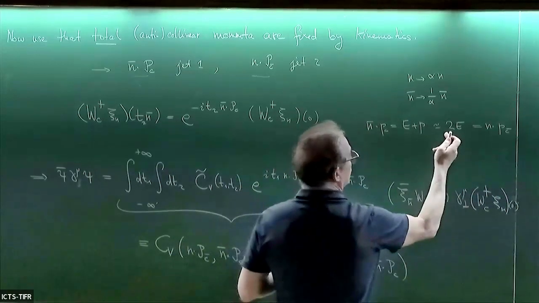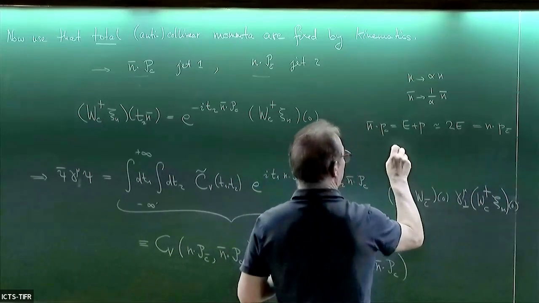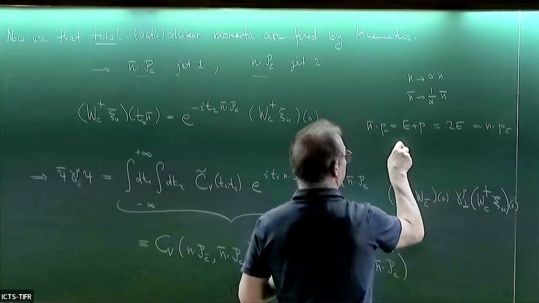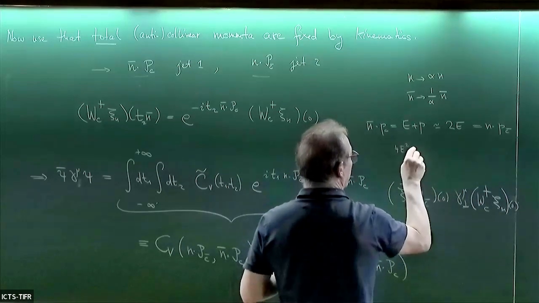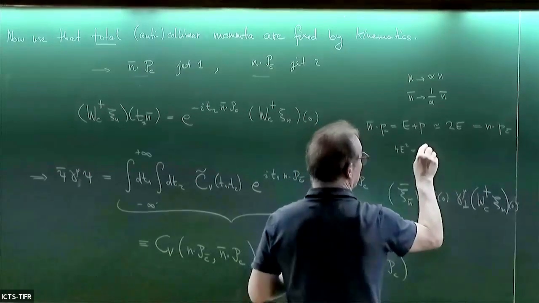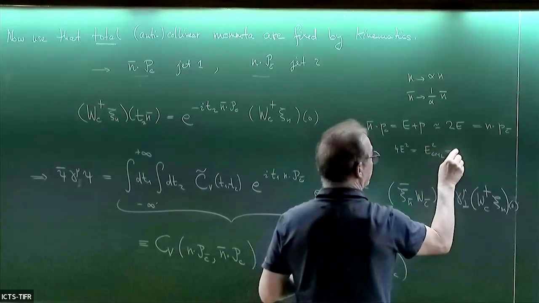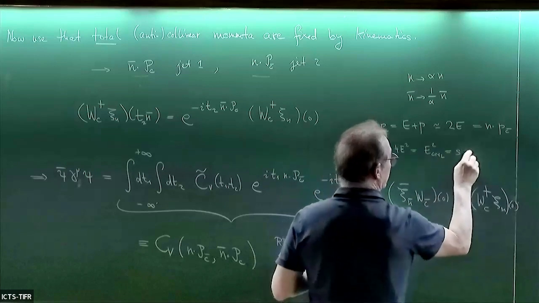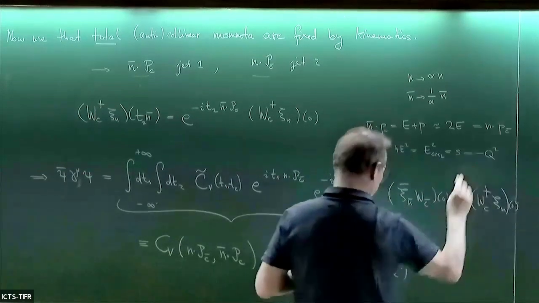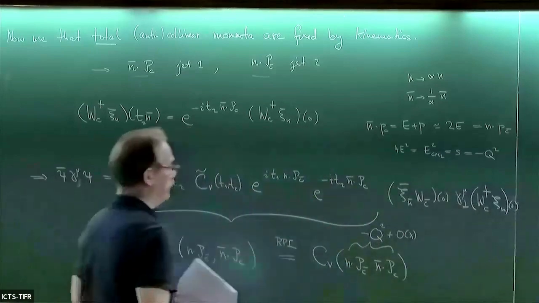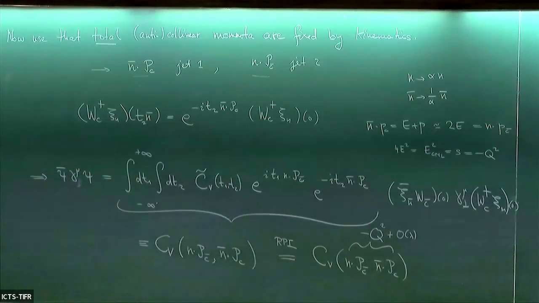So we get twice the energy times twice the energy, we get 4E squared, but the total energy is 2E. So this is E CMS squared, which is S, which actually is minus Q squared. So I made a mistake here, it's minus Q squared.